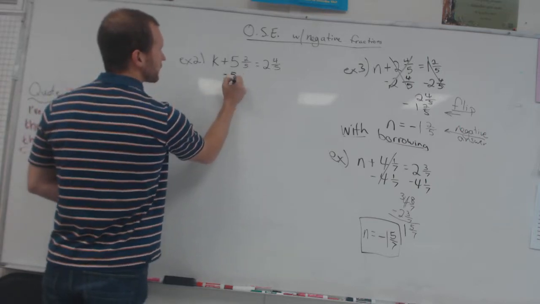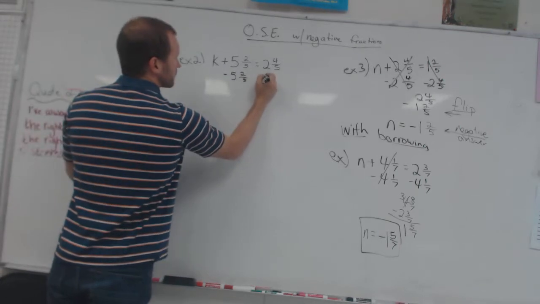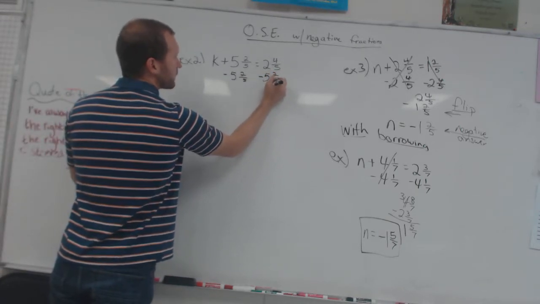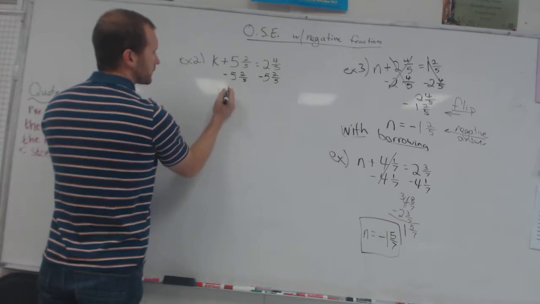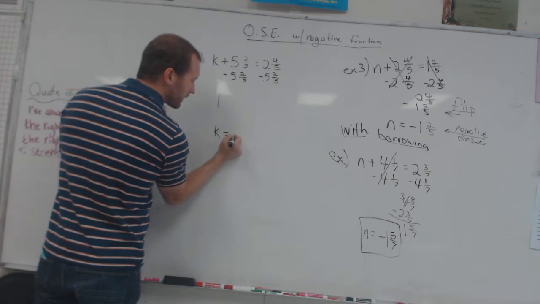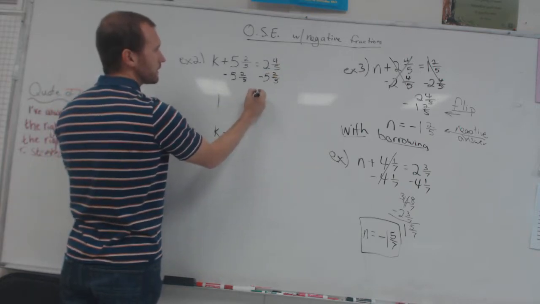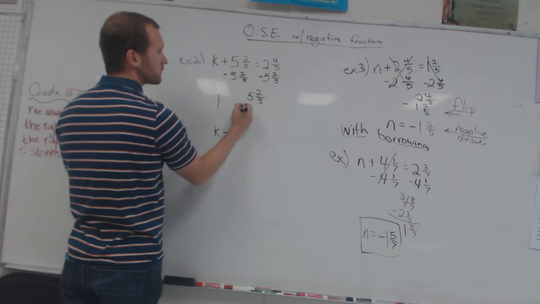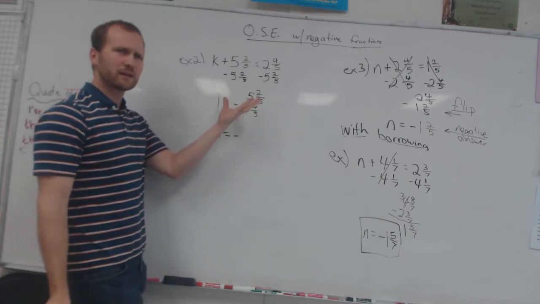Subtract 5 and 2/5. What do you notice right away? It's bigger. So let's leave ourselves some extra room and immediately make our answer negative. Then we're going to flip it. Instead of subtracting that way, we're going to subtract this way. Why can we do that? How come we can just flip it?